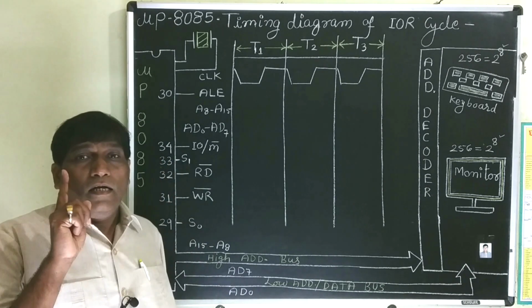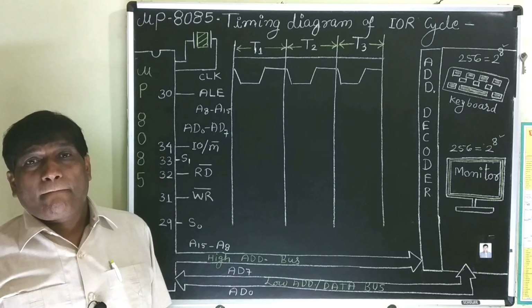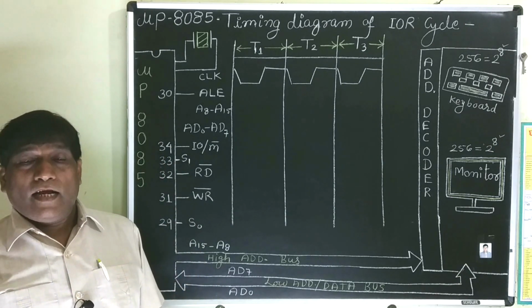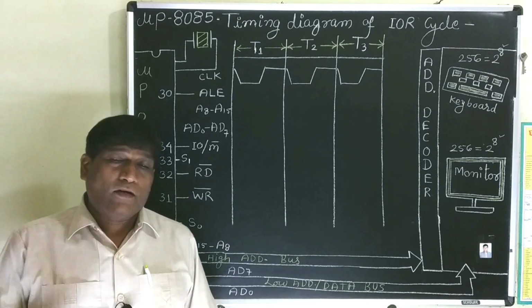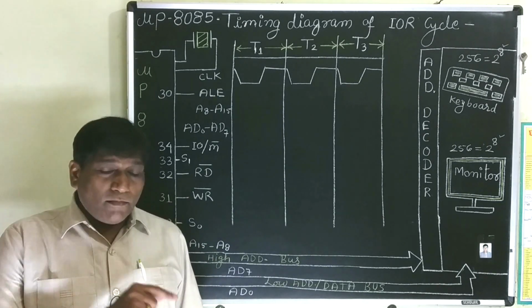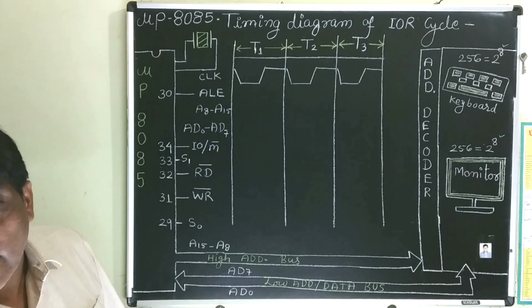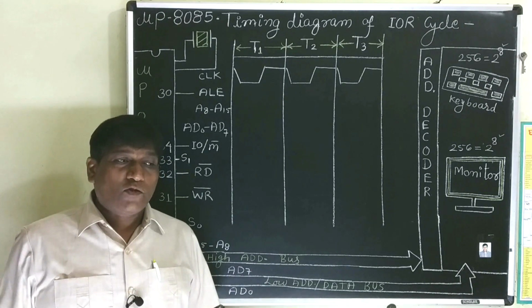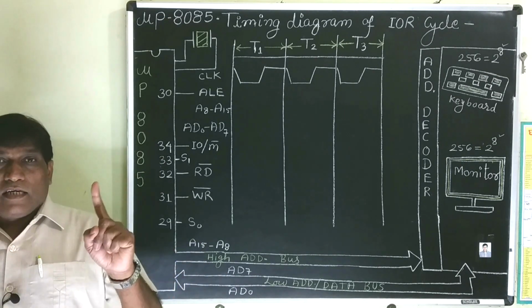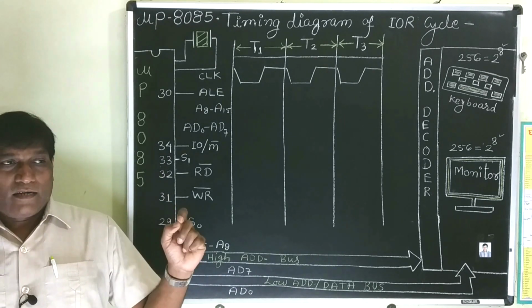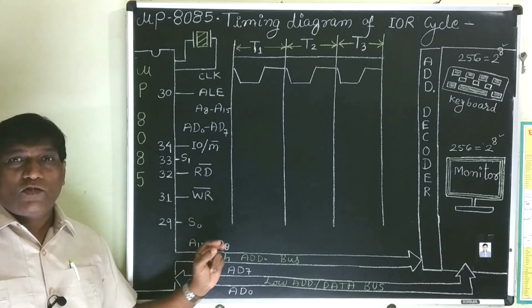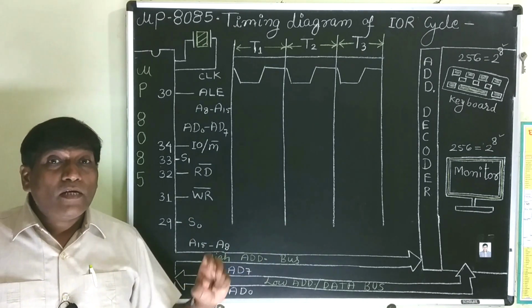Again, for the IO read cycle 3 T states are required, and similar to the memory operation we elaborated, initially address latch enable is to be activated during the T1 clock cycle, so that the address is held and latched.